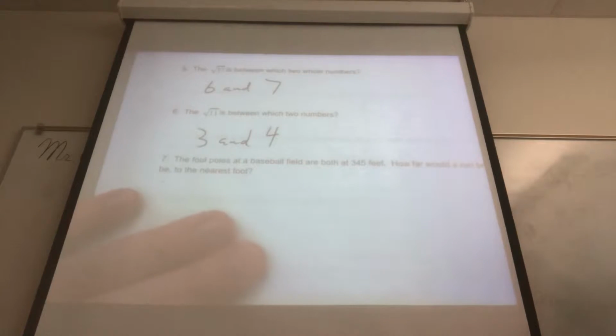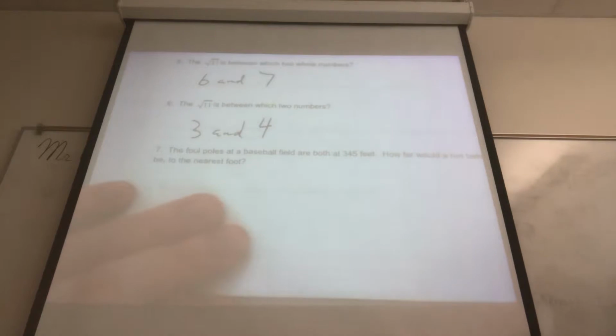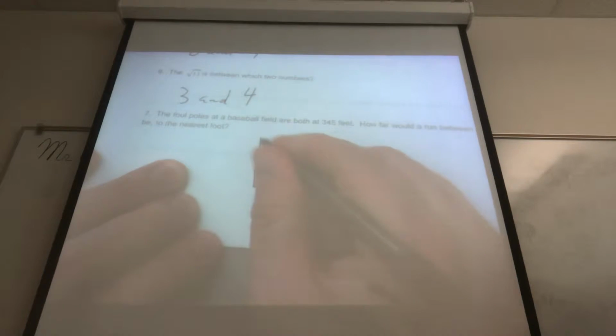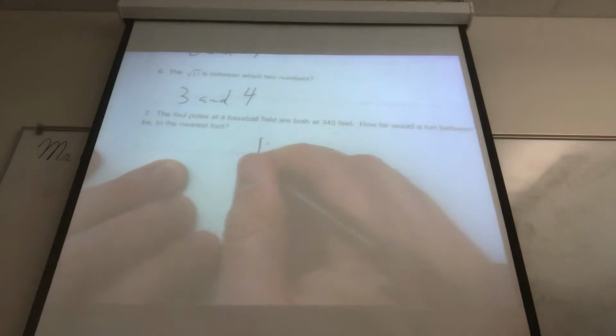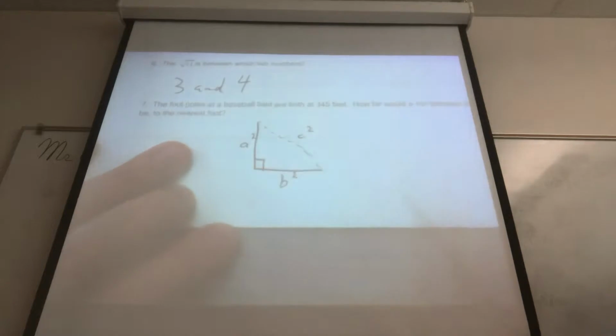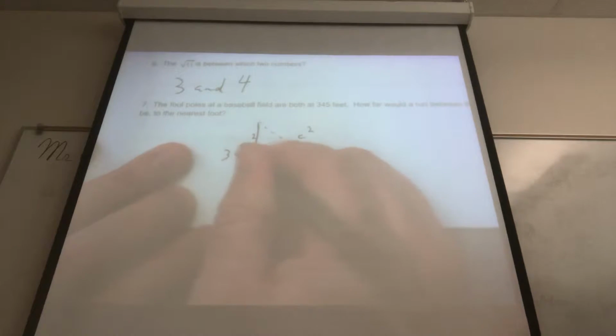The foul poles of the baseball field are both at 345 feet. How far would a run between them be to the nearest foot? So this is a right triangle. So you have to remember the Pythagorean Theorem. That's a squared plus b squared is equal to c squared. So this is 345.